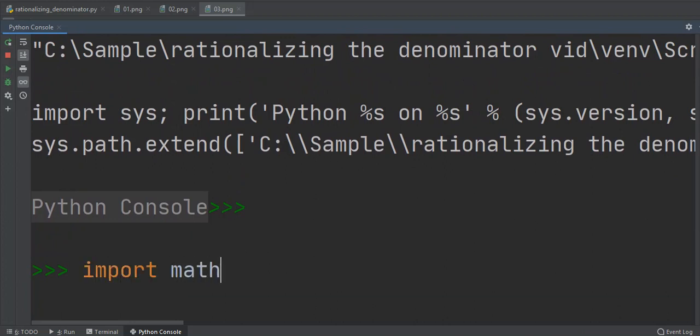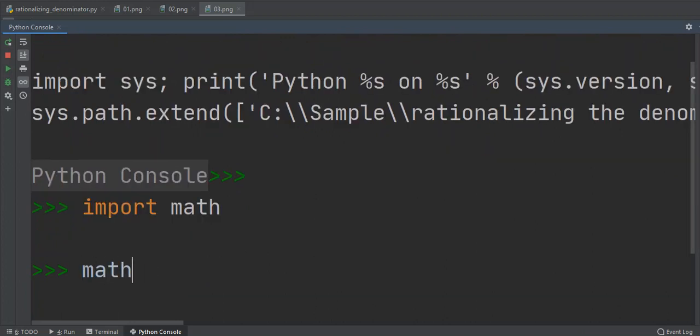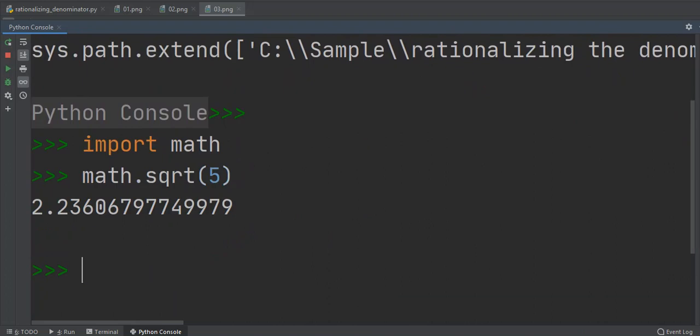So if you just did the normal math module, math.sqrt of 5, it converts it to this, which is fine and often what you need, but this is one case where it would be much better if Python had just kept that radical 5 as is, or you could think of it as keeping it in a symbolic form so we can continue to manipulate it as radical 5 itself.